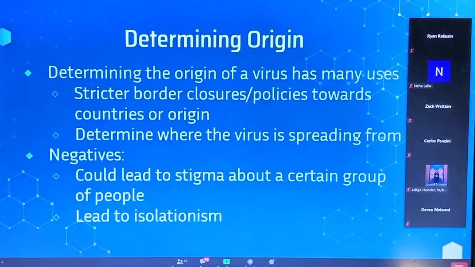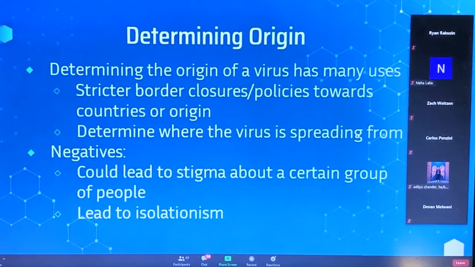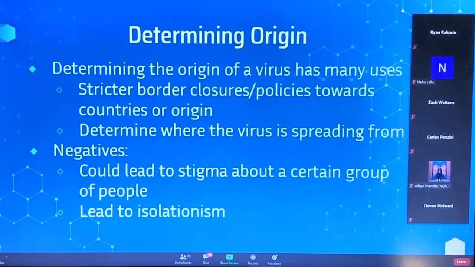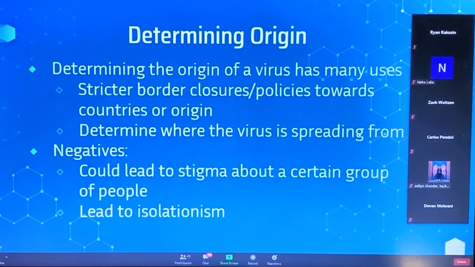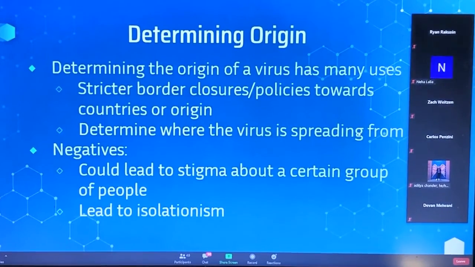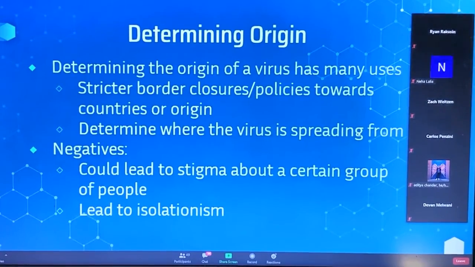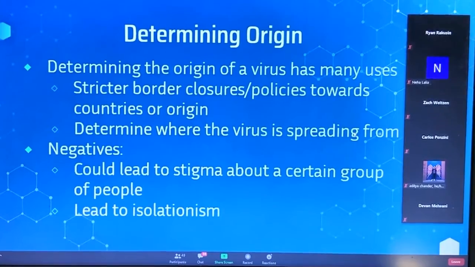First, we can have stricter border closures or policies towards countries of origin. So if we know where the virus is mainly coming from, we can determine how to deal with and how to close our borders accordingly. But this can also have some negatives, and that being we could induce a stigma about certain groups of people and maybe lead to isolationism. So this information has to be put in the right hands.